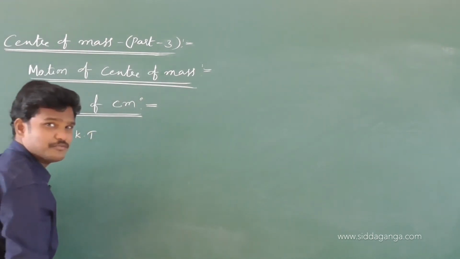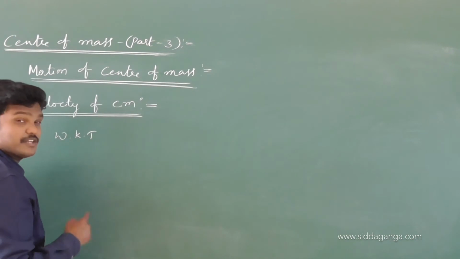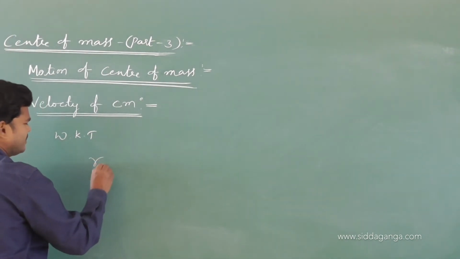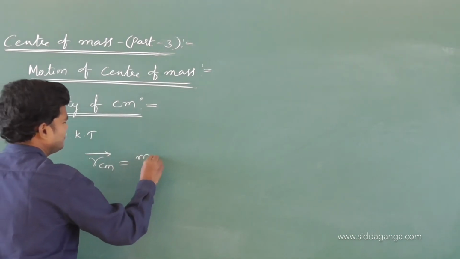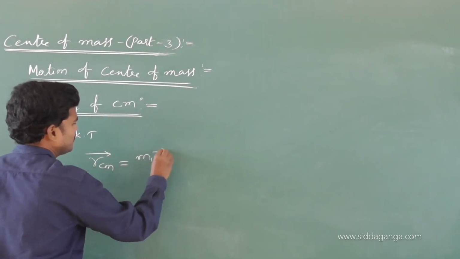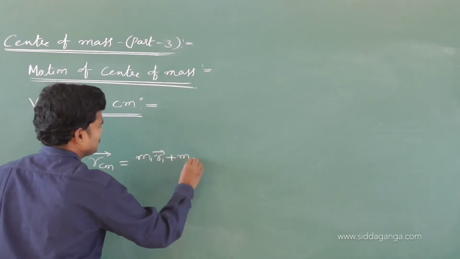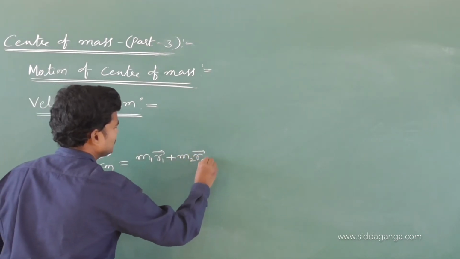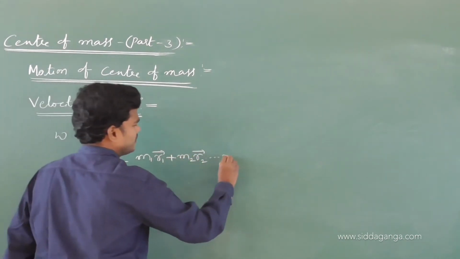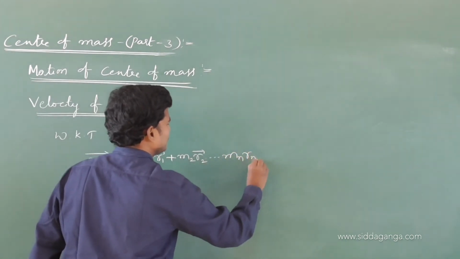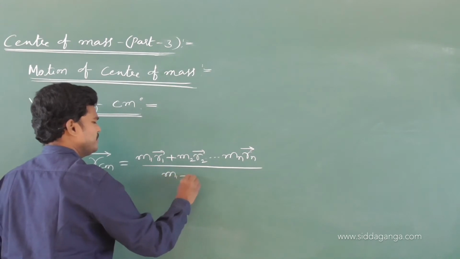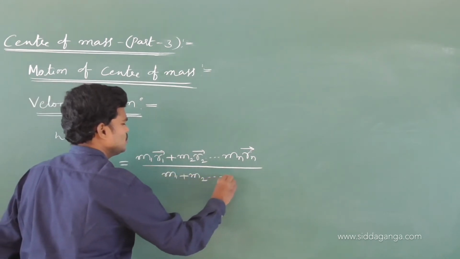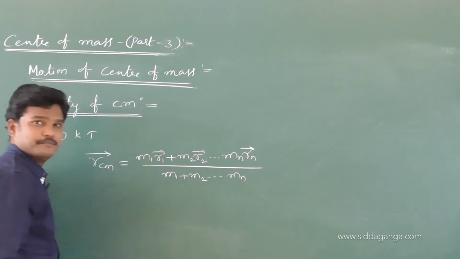Anyhow, we know the position of center of mass of a system of n particles. We can write RCM bar equals m1 r1 bar plus m2 r2 bar, try to write along with me, plus mn rn bar, divided by m1 plus m2 plus mn.